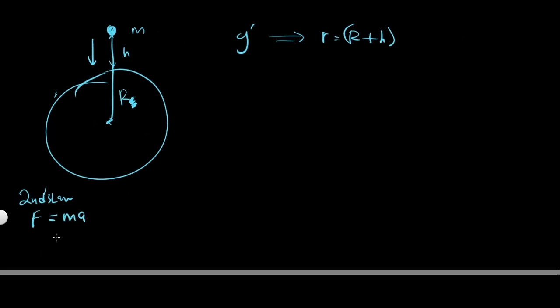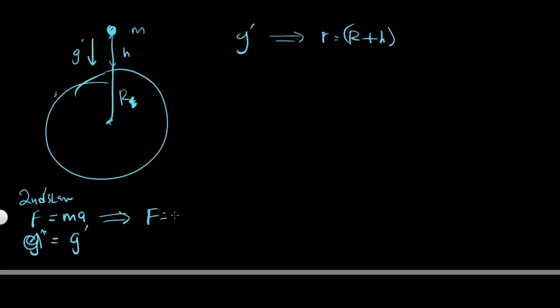So F equals ma. Now we assume that the gravitational acceleration is g apostrophe, so a equals g apostrophe. What will happen to our equation here?